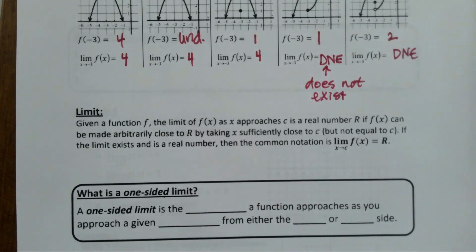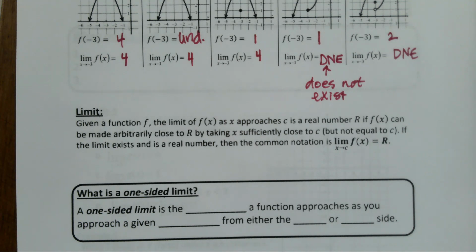Basically, if I have a function and I'm looking for where the limit is headed as it approaches a particular real number c, somewhere on our coordinate plane, if I can get really close to that c on either side, sufficiently close, but not necessarily equal to, and I end up in the same place, then that same place is my limit, some real number.